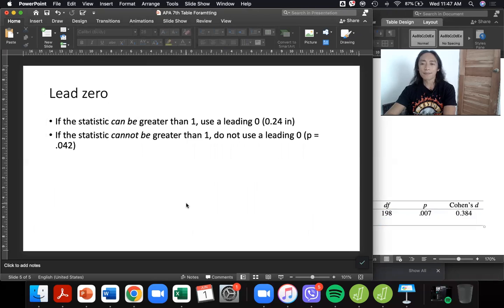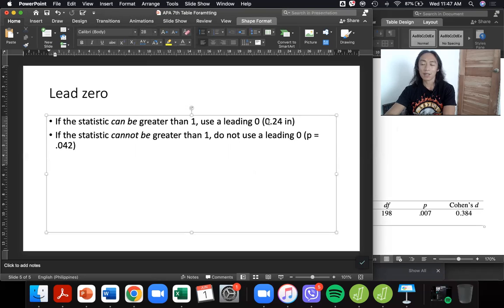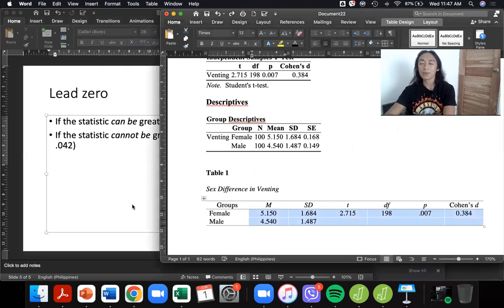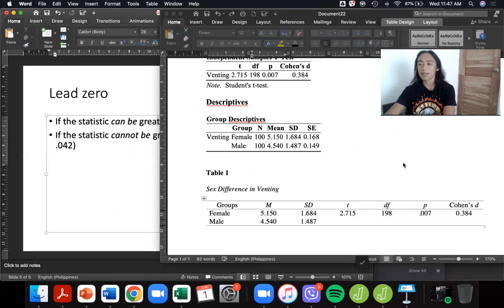Now, the lead zero. Please take note, if a statistical value can be greater than 1, use a leading zero. Of course, if the value is more than 1, then obviously you'll have a whole number before the decimal value.